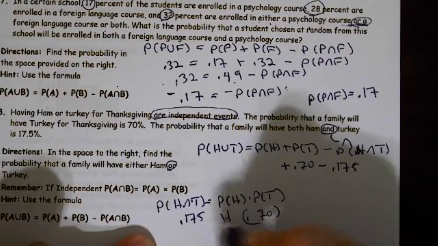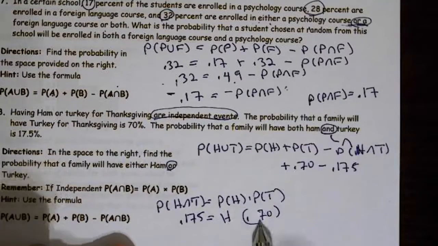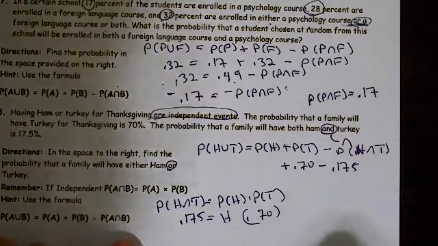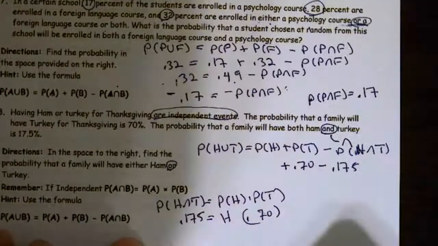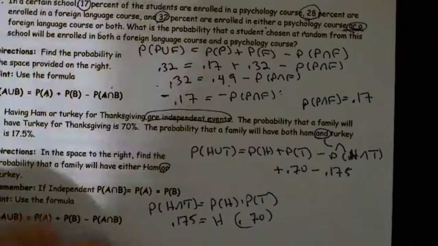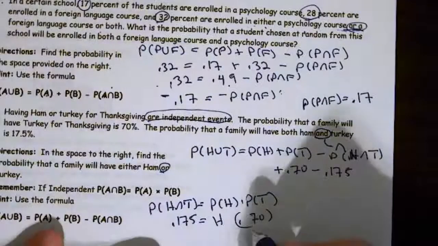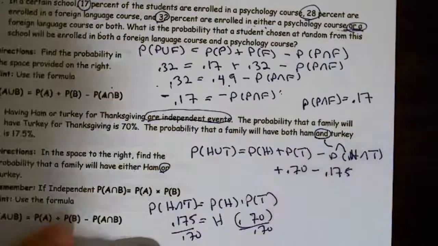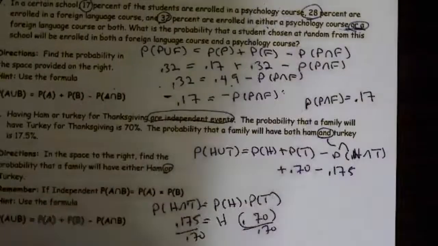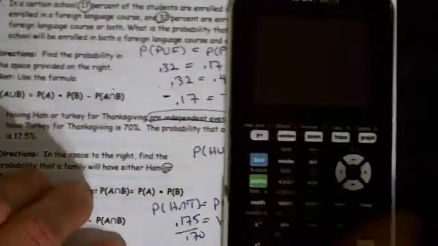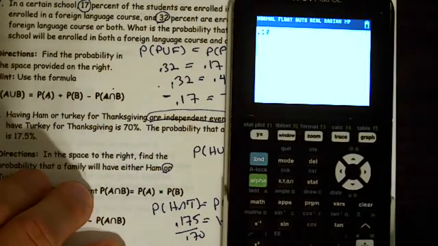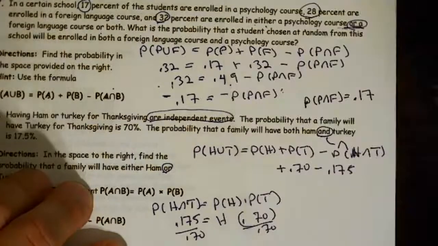So ham times 0.70 is 0.175. So if I divide both sides by 0.7, where'd my calculator go? So 0.175 divided by 0.7 is 0.25.